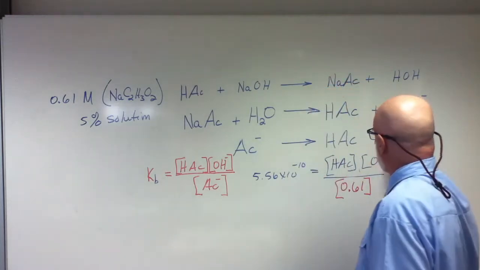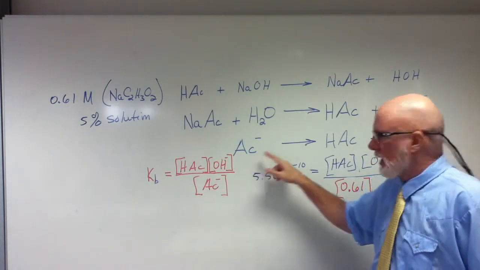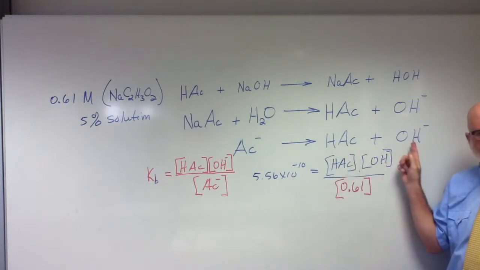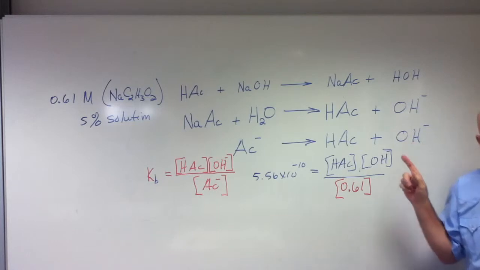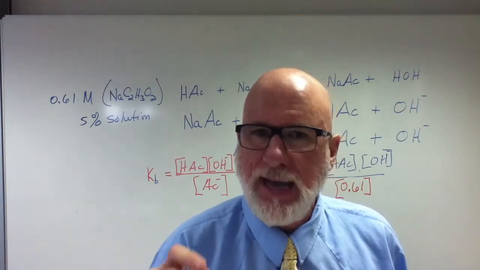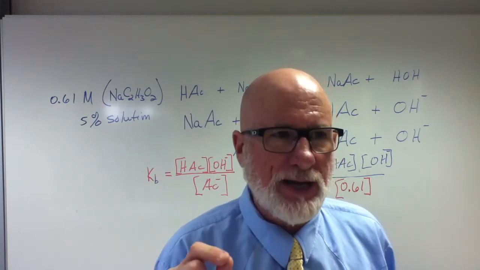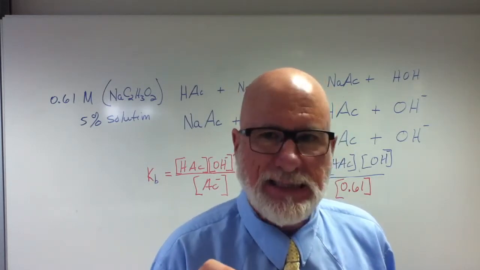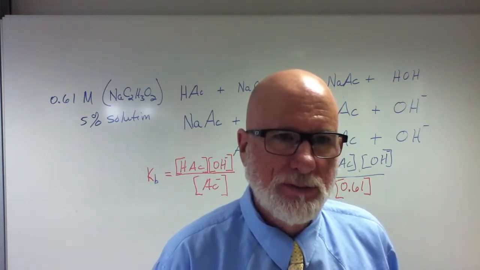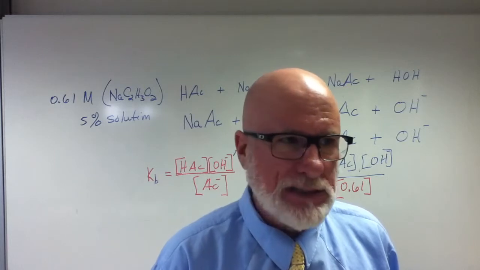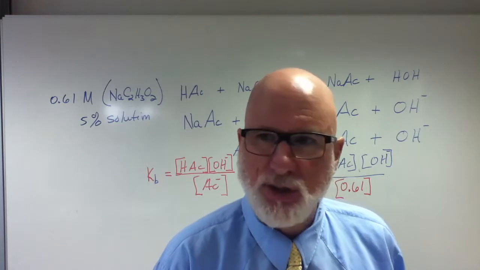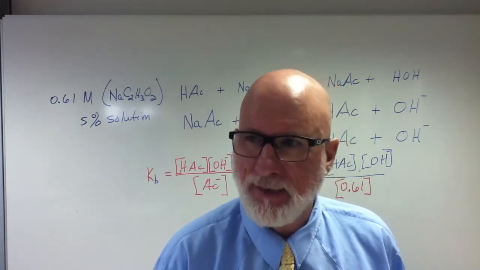Now, when this dissociates, when that grabs a hydrogen to form acetic acid, and you're left with a hydroxide, for every hydroxide, how many acetic acid molecules will be produced? How many?